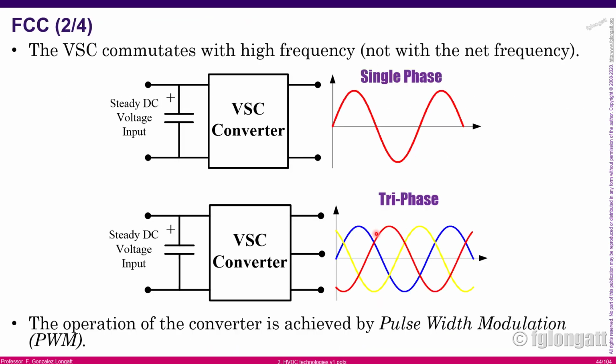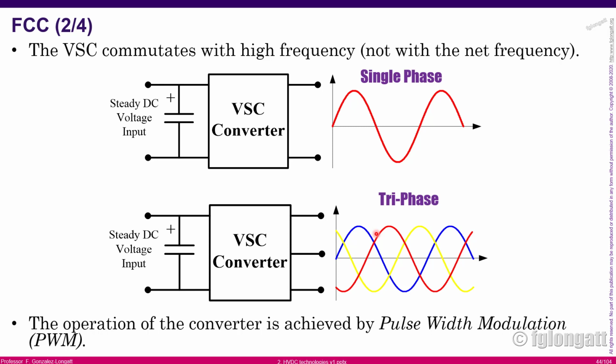But what I want to tell you is that those devices we are talking about, IGBT and GTO, are extremely useful because they are the main devices creating the voltage source converters. And the voltage source converters are extremely good because they allow closing and opening those switches at your wish. Over there you can see a single-phase VSC converter, and below a three-phase converter.